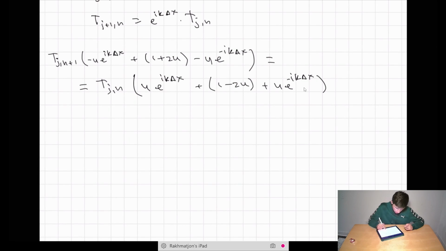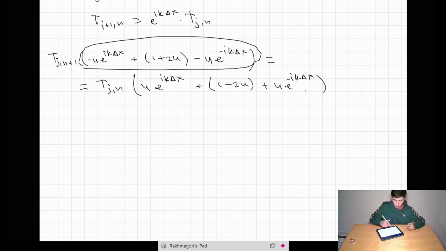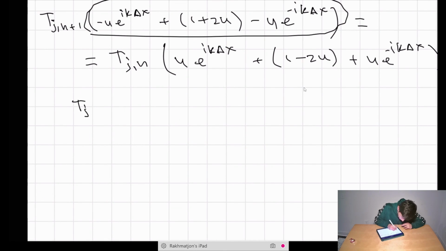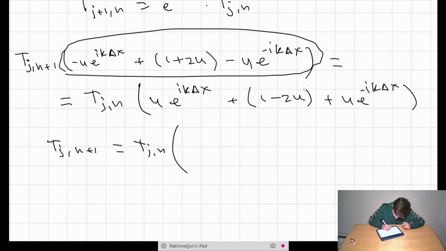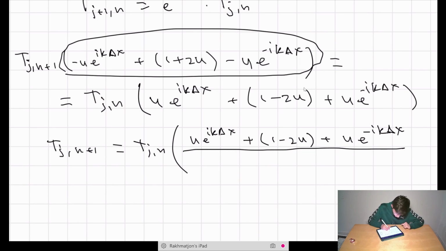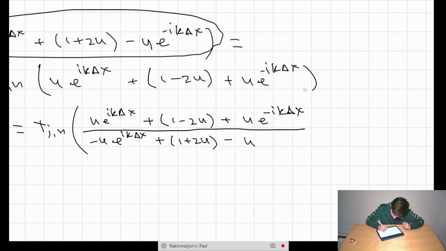If I move this to my right hand side to make the temperature at a later time the subject of my equation, I'm going to have Tj at a later time equal to Tj at the current time times this thing, divided by the term that I circled: negative u e to the i k delta x plus 1 plus 2u minus u times e to the negative i k delta x.